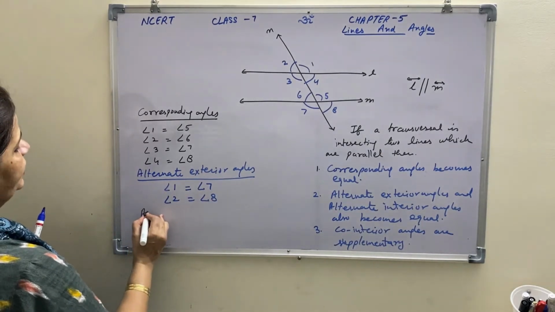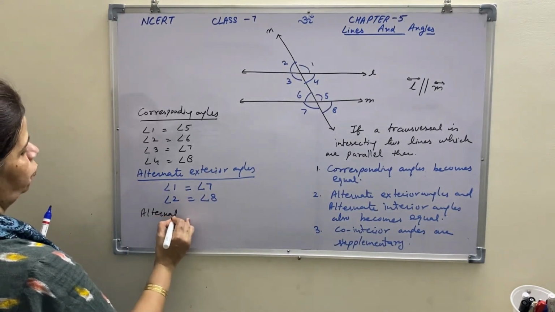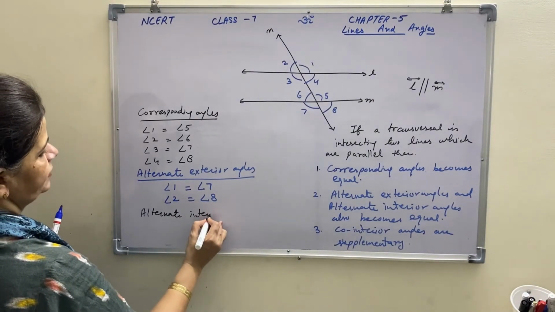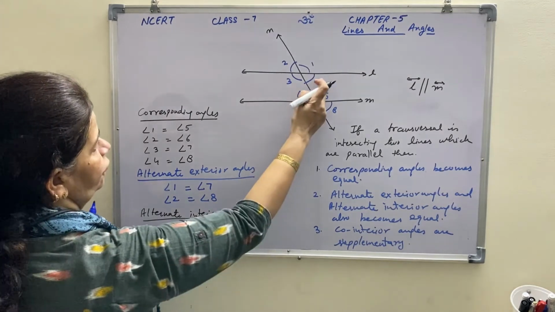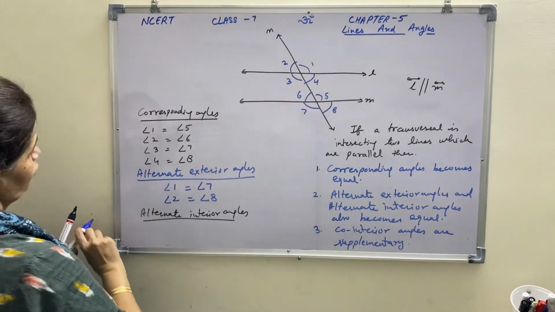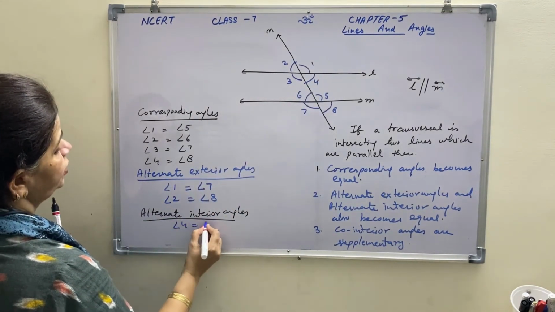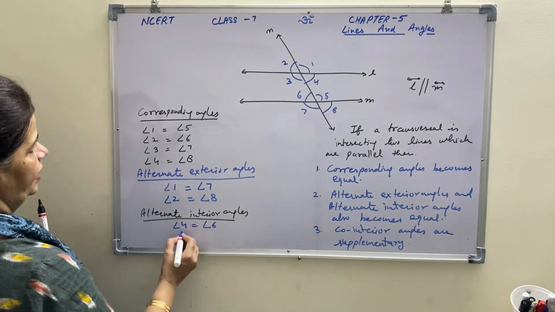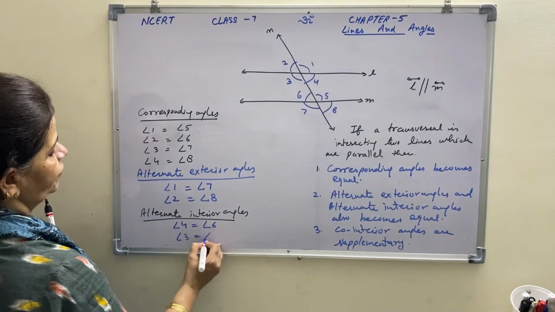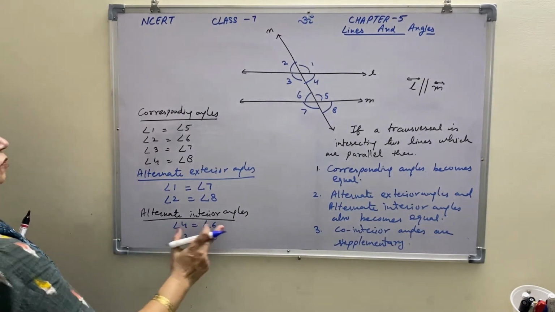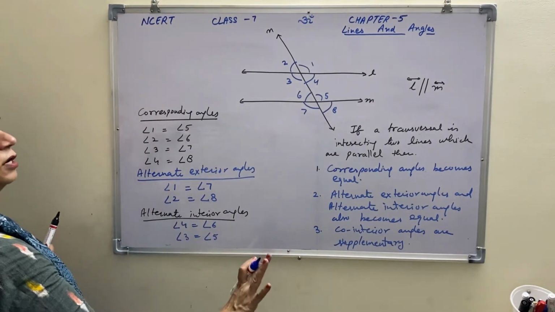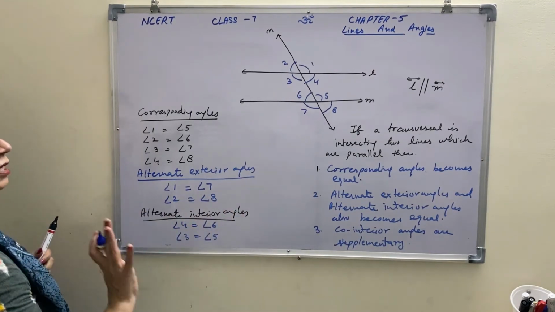Alternate interior angles also become equal. Alternate interior angles are 4 and 6, and they are equal in measure if the lines are parallel. And 3 and 5 become equal if the lines are parallel. If the lines are not parallel, then 3 and 5 are only alternate interior angles, and they are not equal in measure.